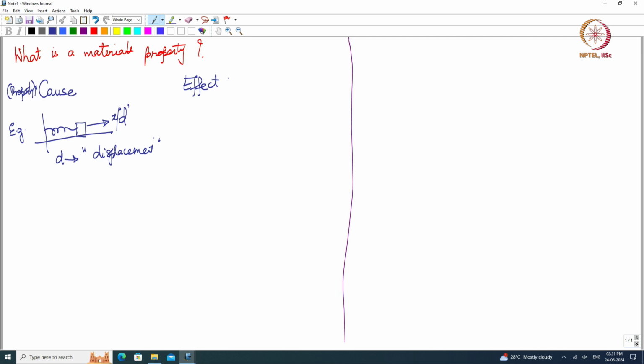Okay. So, if I take a spring and then displace it, what is the effect? The effect is that on this spring, I am generating a restoring force F, which is in this direction. F is the restoring force.